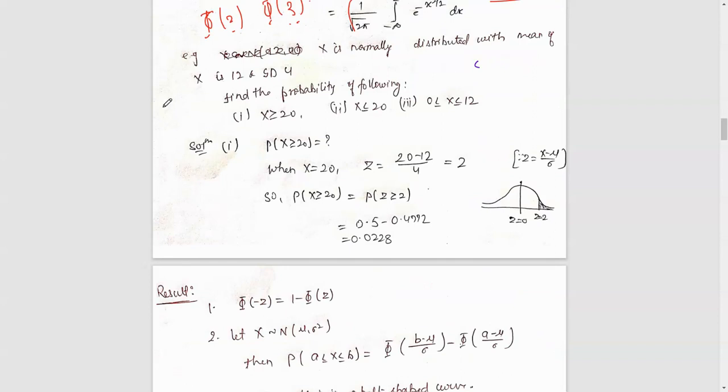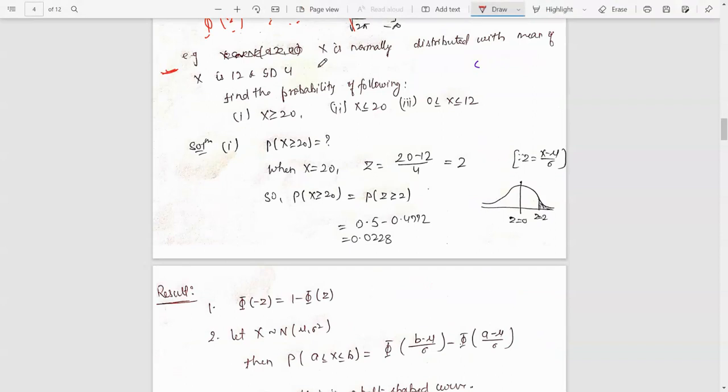Okay, we will discuss this example later, but first let's discuss some more properties, because those things will eventually be needed. Let's say x is a normally distributed random variable with mean of x equal to 12 and standard deviation 4. So mu is equal to 12, and sigma is equal to 4.